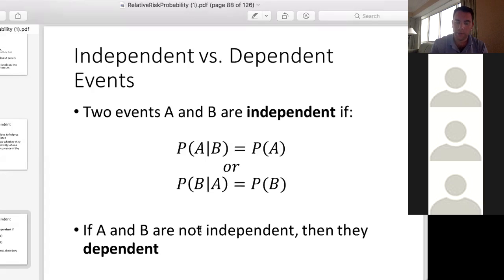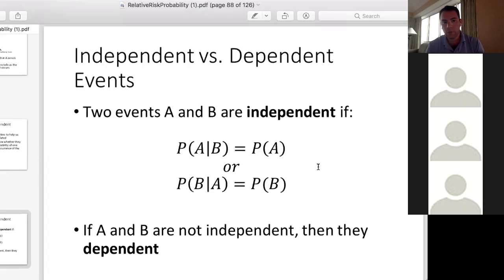So if you have events A and B and they're both independent, then the joint probability of A and B occurring is equal to the probability of A multiplied by the probability of B. But this is a strong assumption. This does not always take place because events are rarely independent in reality. So we're typically dealing with dependent events.